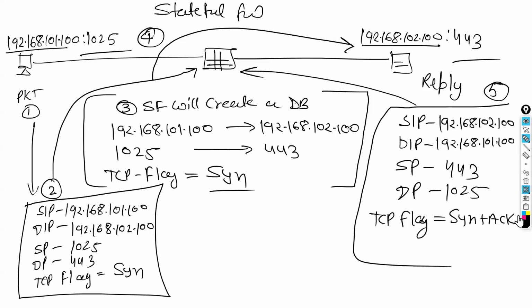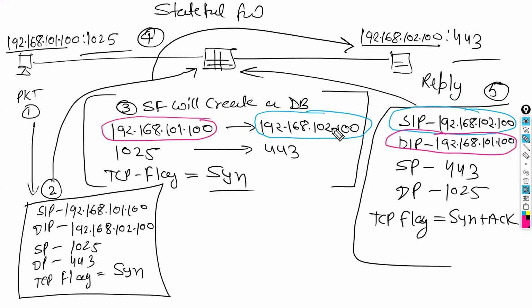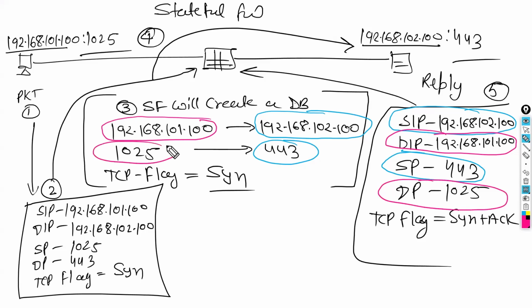Now the stateful firewall will check who is coming. 102 is coming. It is going to 101. Layer 3 information matches. Okay, which port number is coming? 443. And it is going to which port number? 1025. Layer 4 is also matching.